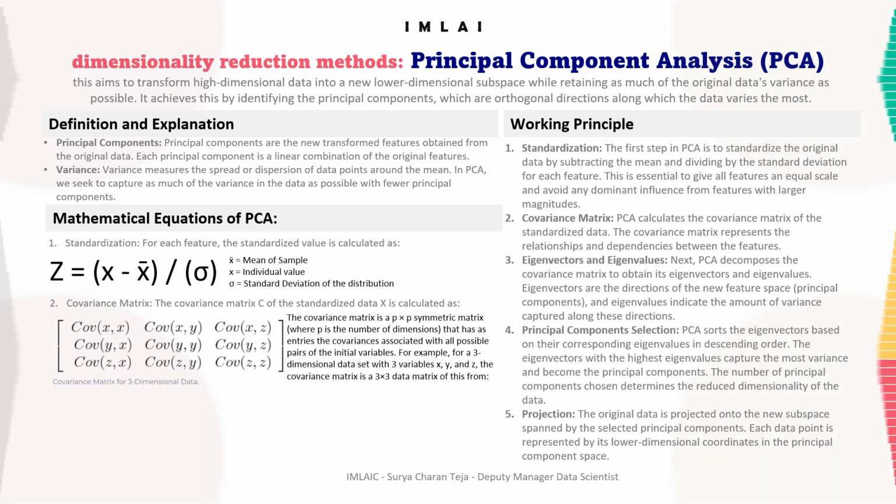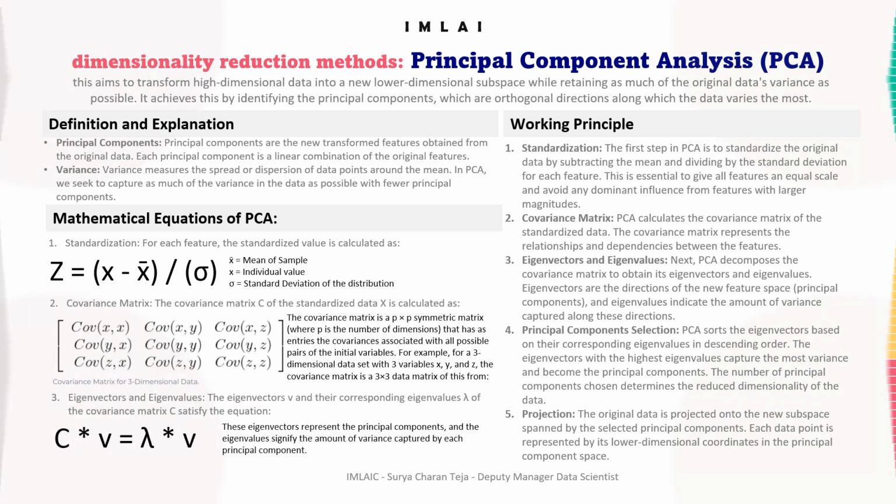The eigenvectors we call V, and their corresponding eigenvalues lambda of the covariance matrix can be calculated with the following equation. C is our covariance matrix, V is the eigenvector, lambda is the eigenvalue. With the multiplication of these two matrices, we can get the eigenvalues, the lambda values.